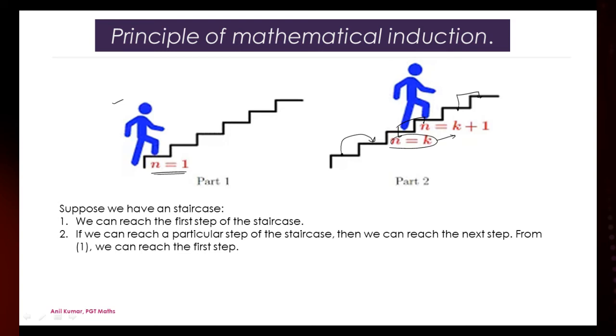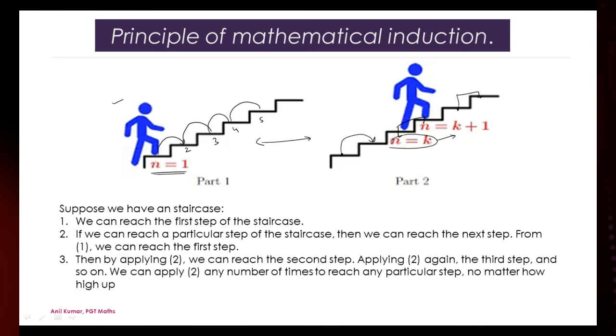Now, if we see both the pictures jointly, then if I can reach 1, that means I can reach 2. If I can reach 2, I can reach 3. From 3 to 4, and so on, 5. So by applying part 2, we can reach the second step, applying it again, the third step, and so on, we can go on no matter what.